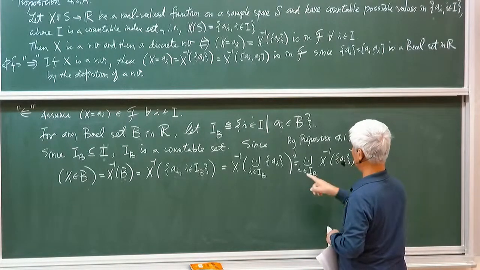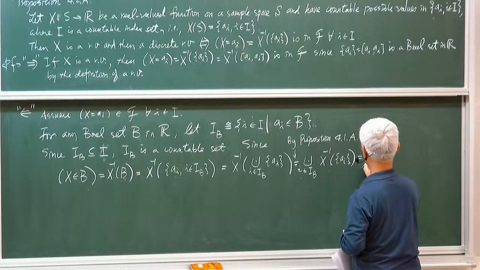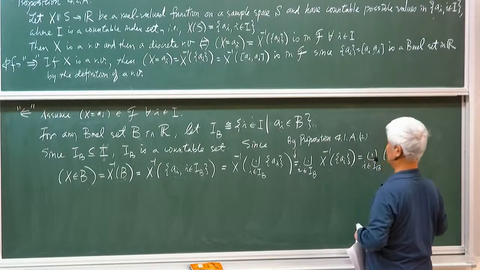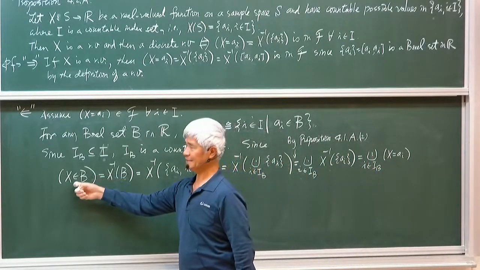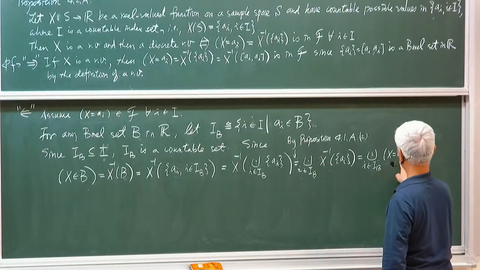So this is the disjoint union of X equal to a_i.